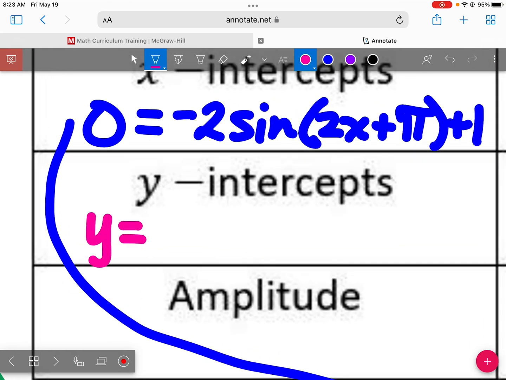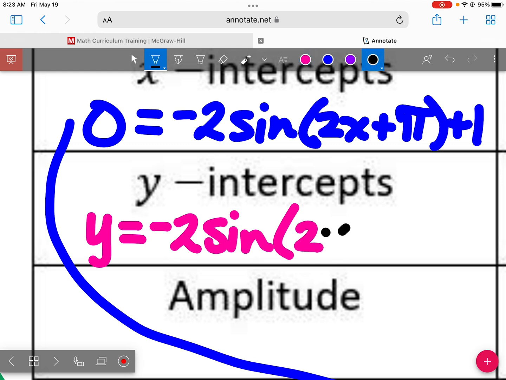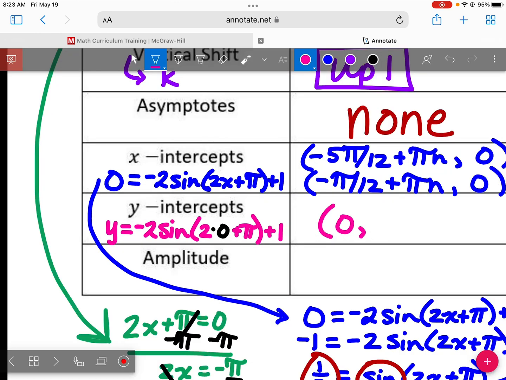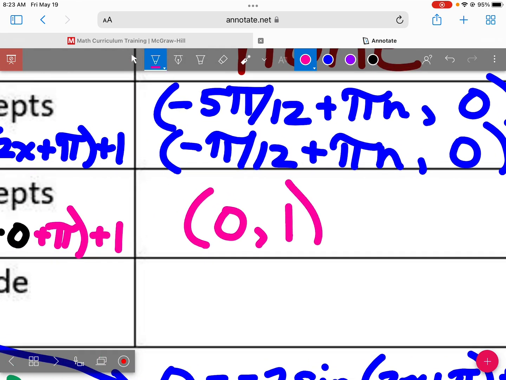So I have y equals negative 2 sine of 2 times 0 plus pi, plus 1. 2 times 0 is what? 0. So I have sine of pi. What is sine of pi? 0. Negative 2 times 0 plus 1. 1. So 0, 1 is my y-intercept.